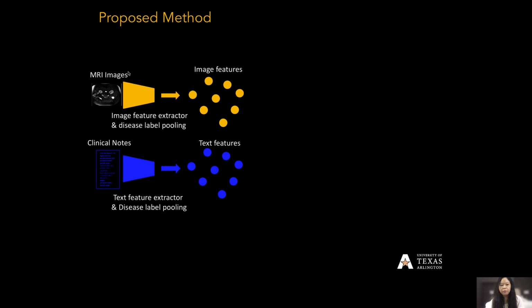First, in MRI images, we use a backbone CNN to extract the features, and then we do disease label pooling for the features to extract the different lesion image features. Since we also have the clinical notes, we can train label encodings based on the clinical notes, measuring the similarity between the different labels.